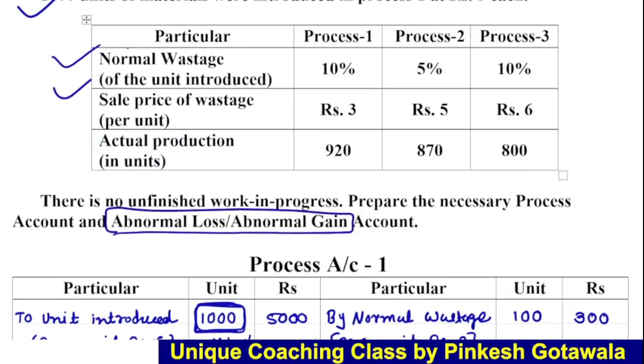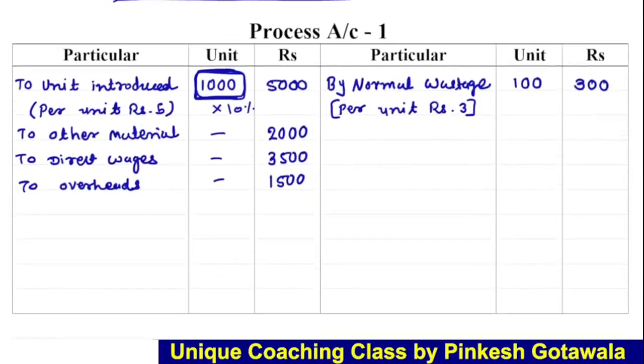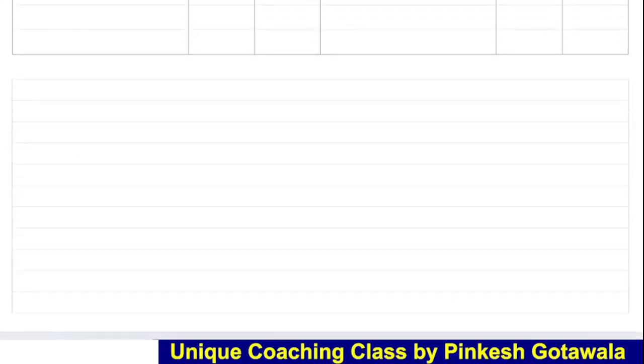So here we have to do this calculation as I explained in the previous video. In the second video I explained the calculation. If you skipped that, watch that second video again, so you will easily understand. So what is the step to calculate whether there is an abnormal gain or loss?